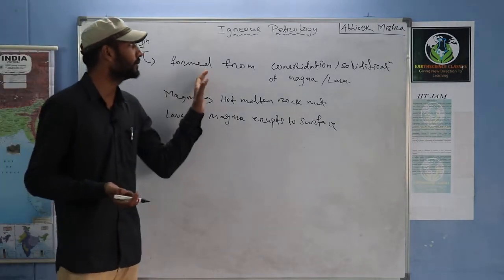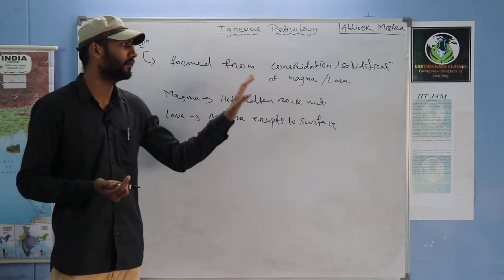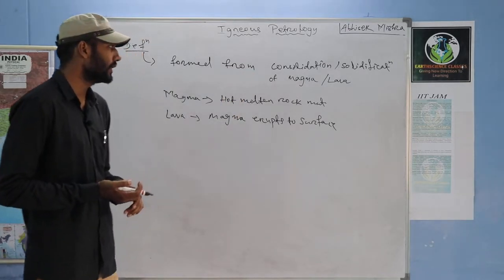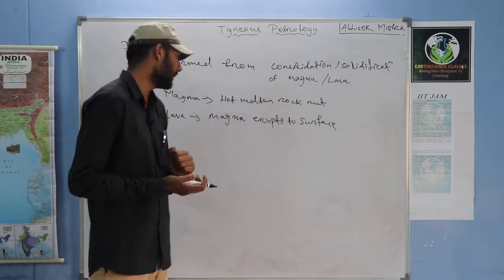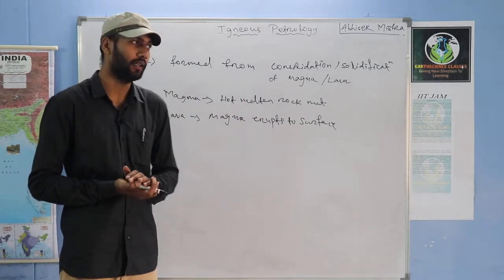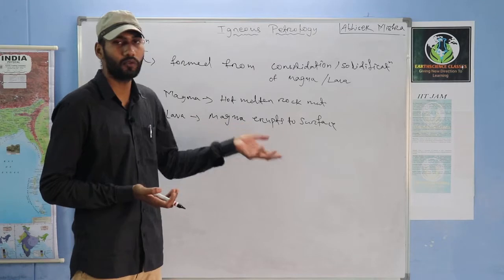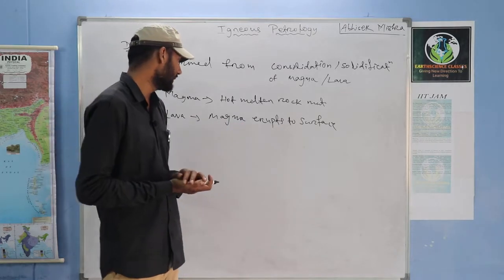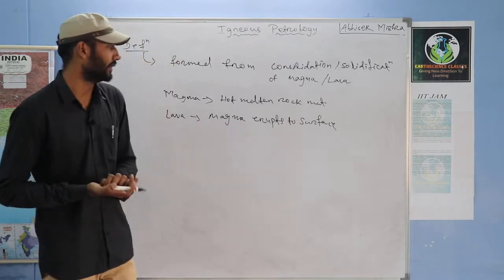As I have told you, the igneous rock means it should be formed as a consolidation or solidification of magma or lava. What is magma? That is hot molten rock material. And what is lava? When magma is exposed to surface or erupted to surface, we name it as lava.